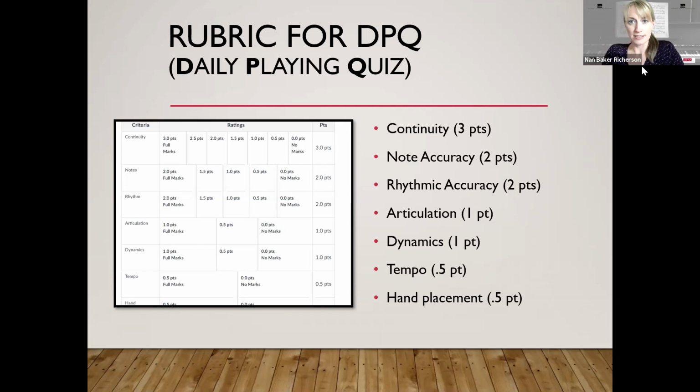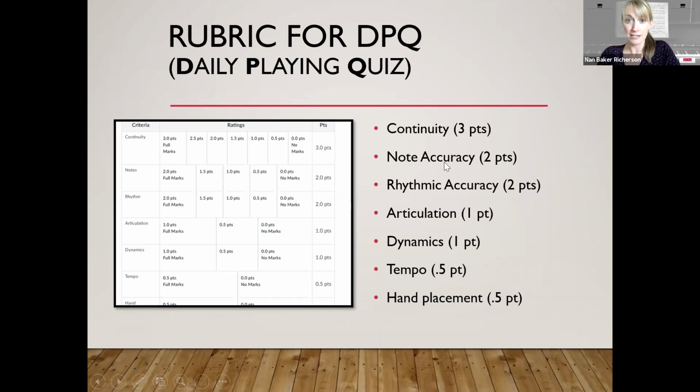So that is how I assess my students on a daily basis. I have between 40 and 50 daily playing quizzes per semester per student. And I have found that it's pretty successful. I've done it for about 10 years this way, and used Canvas some of the time, Google Classroom some of the time, Google Drive some of the time, and simply just my cell phone.